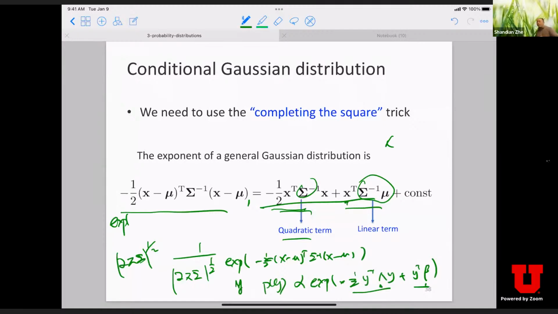This is like what we learned in middle school or high school, but not in matrix and vector form. It's just a scalar form. You got, say, ax squared plus bx, and you complete it as something like a(x minus c) squared. That's why it's called the completing the square trick. The only difference is that now we're dealing with matrices and vectors.